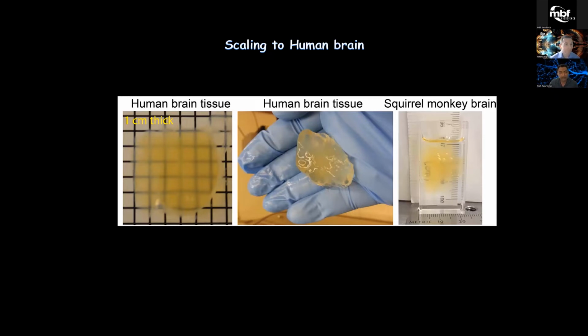Already, we can reasonably clear up to centimeter thick pieces of these tissues, like human brain or other larger brain samples. There are still a lot of challenges on the labeling front to label them with antibodies or other reagents, but it's getting there, right?